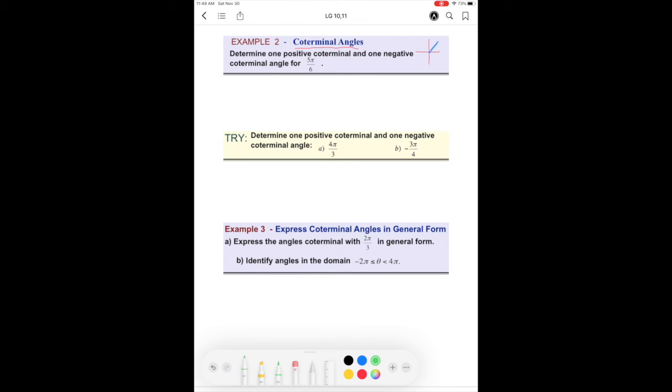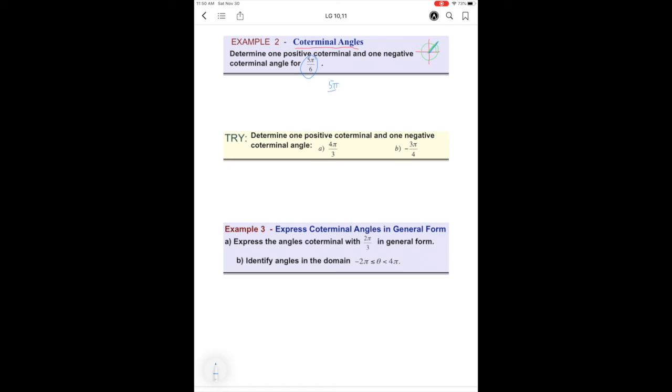And we know that if I go completely around, all right, so if I do 360 and then add that, this green one is on top of the blue one. That is coterminal. Okay, so remember, we're going 360 degrees. But we are now looking at and talking about radians.